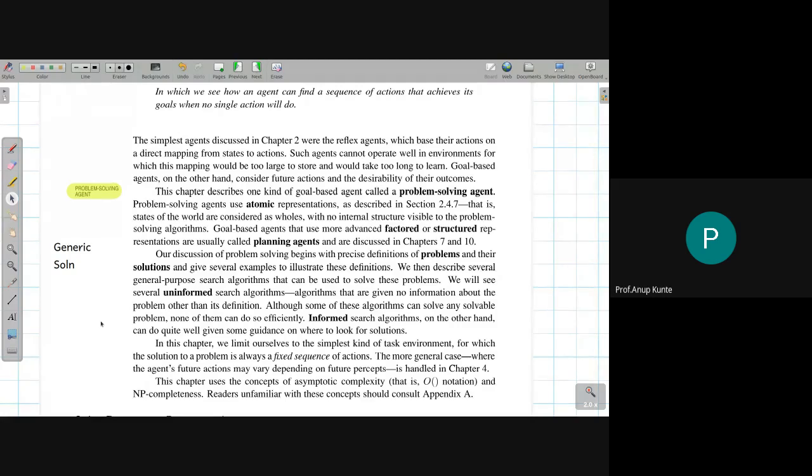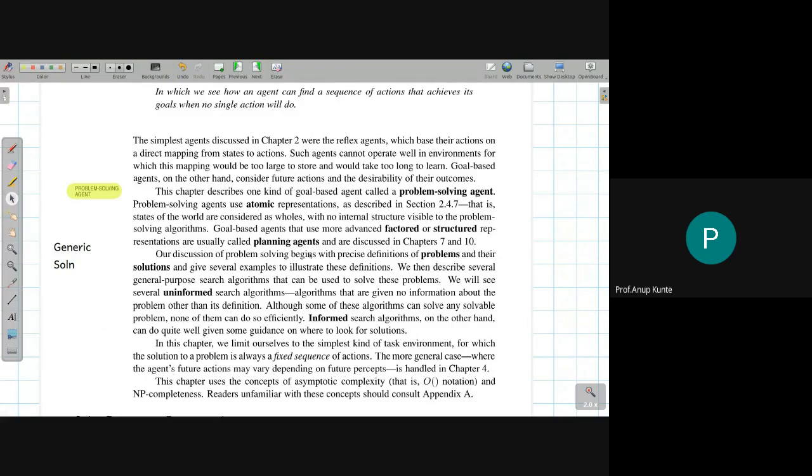We need to first look at the real world situation for which we are going to build AI, and decide whether a problem solving agent is applicable for that particular scenario or not. Only for certain types of environment can the problem solving agent be used for solving such problems. So let us look at what the book says.